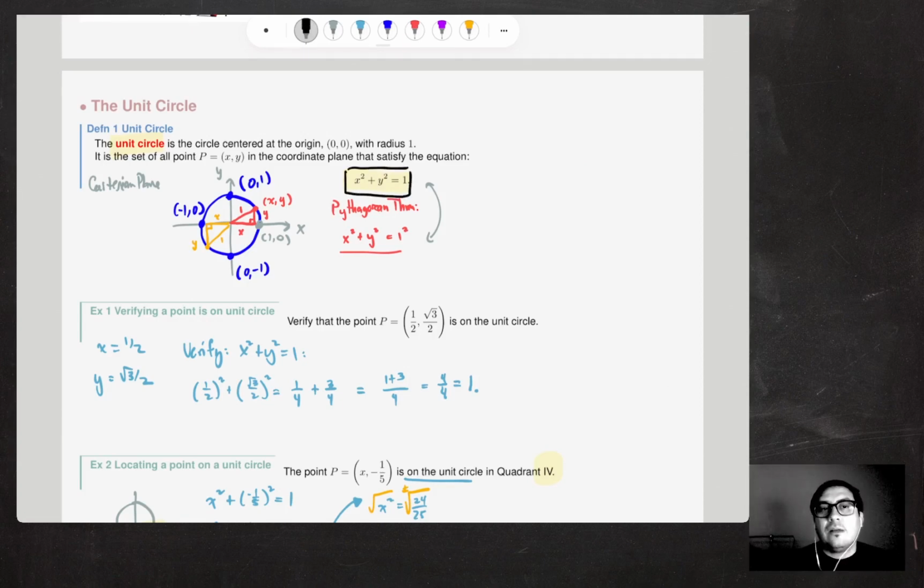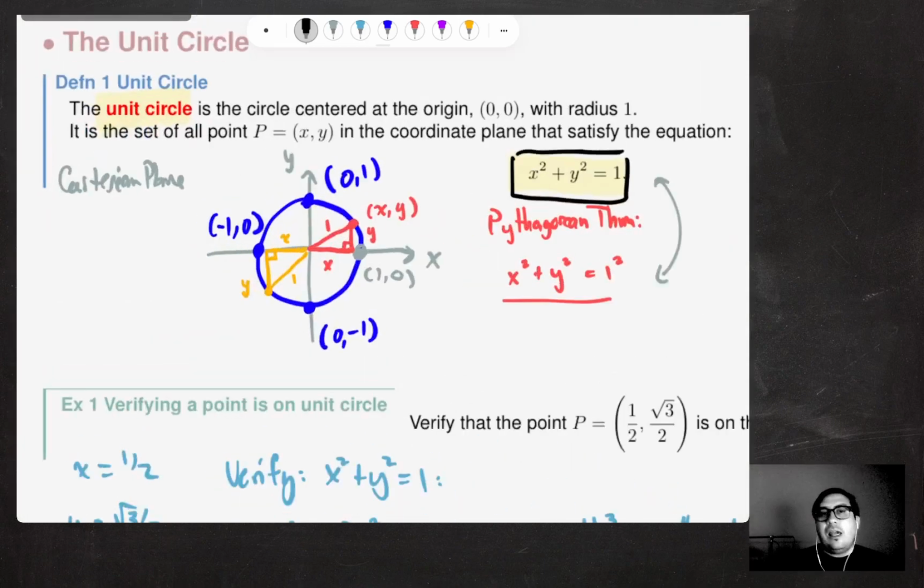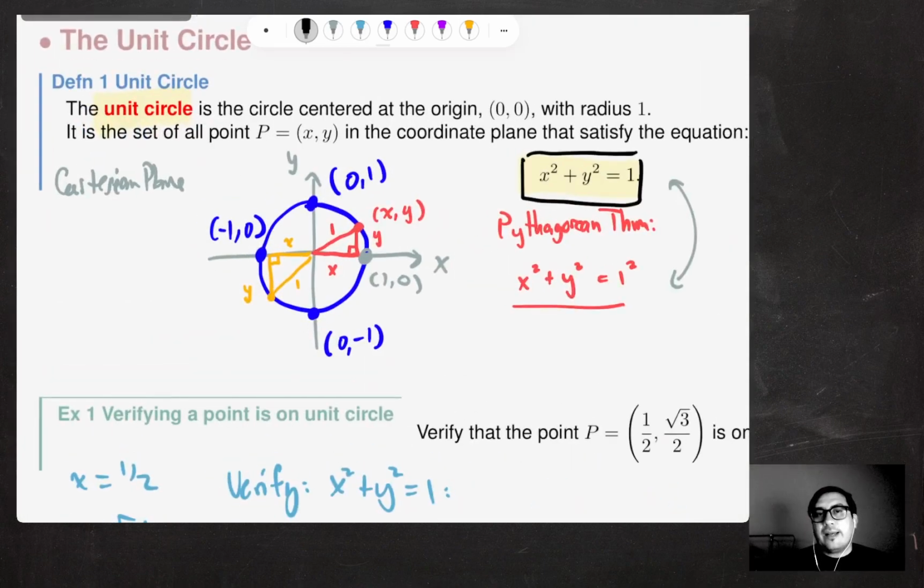and you can see this, let me zoom in a bit. If you look at the coordinate x comma y, so that's this red point right here. Let me make it really thick so that you can think about it. It's a point on the circle. Well, if it has coordinates x and y, that means that this length down here, right below it, will be x. This vertical distance will be y.